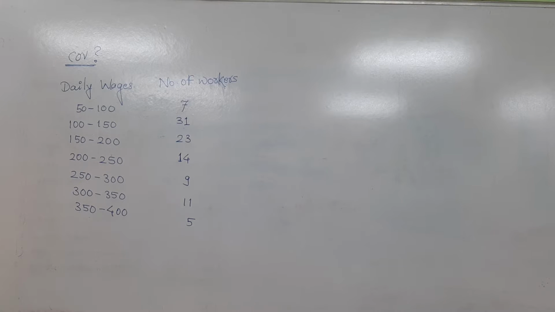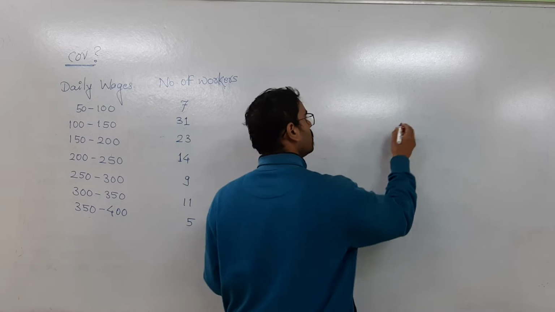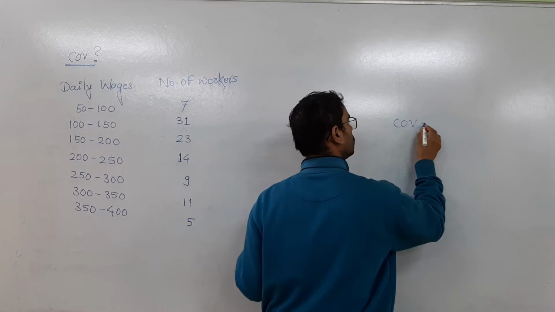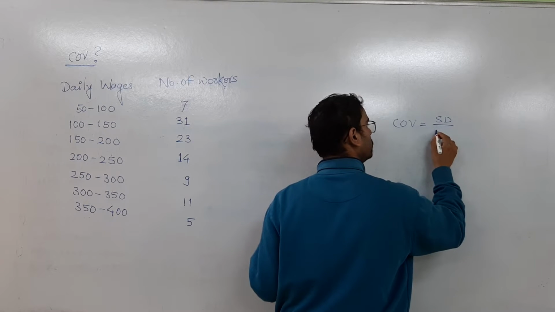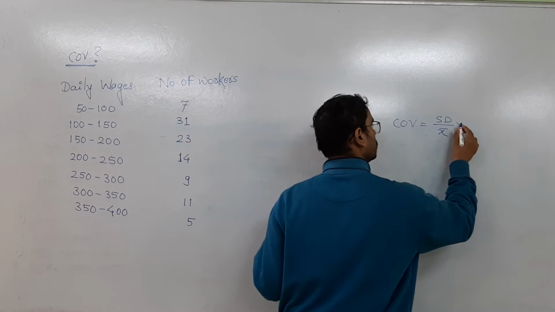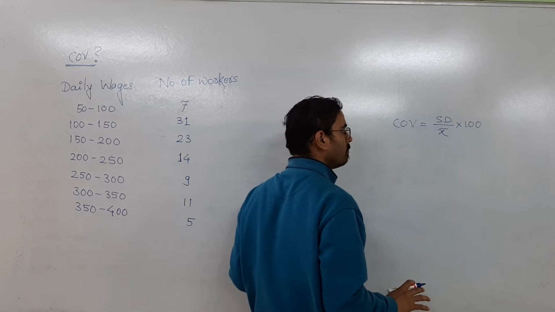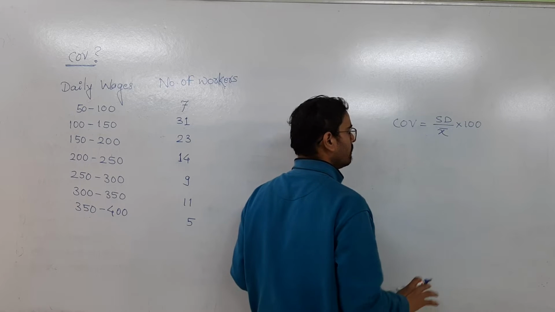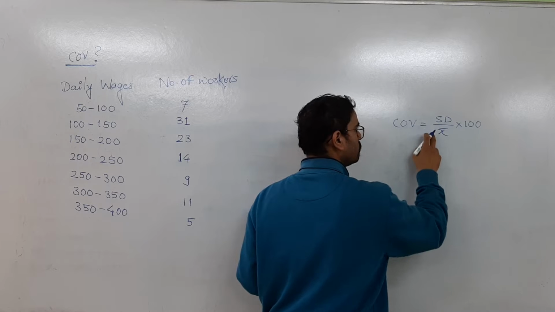I already told you the approach, how to go for that kind of example. So let me revise once. What is the formula of coefficient of variation? The COV formula is very simple: standard deviation divided by mean into 100. For finding it, we need two terms.